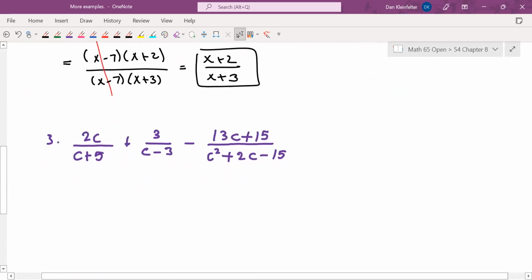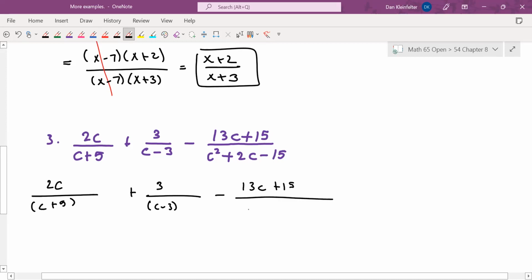Okay, last one, and then we're done. So here we have single binomial factors in the first two denominators, and then the second one is degree 2. It's quadratic, and so we're going to get 2 factors from it. So we'll have c plus 5, c minus 3 for the second one.